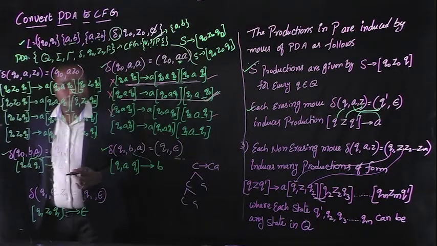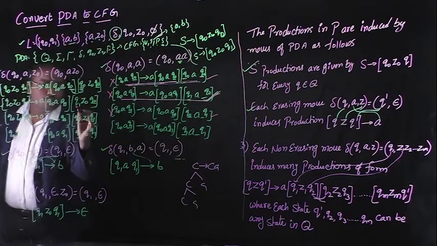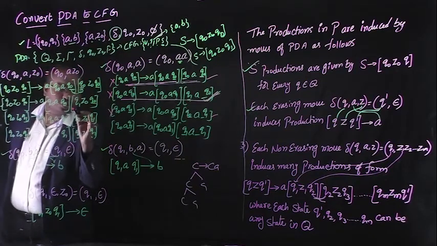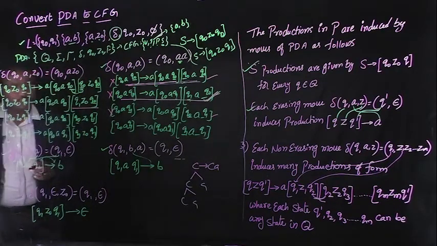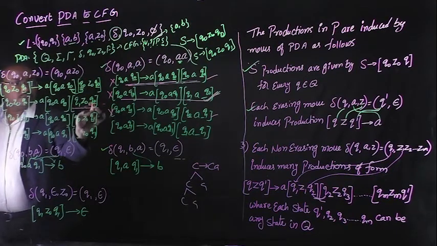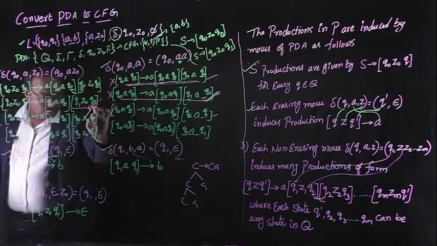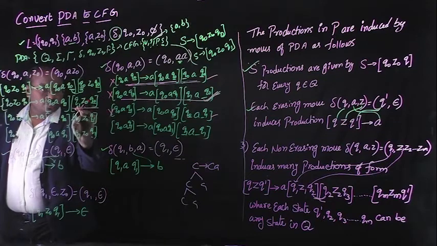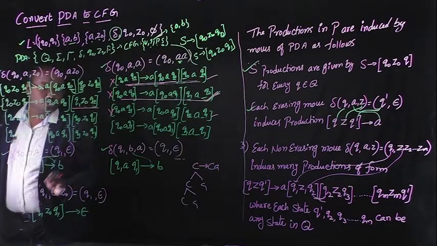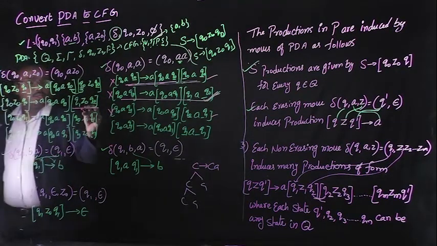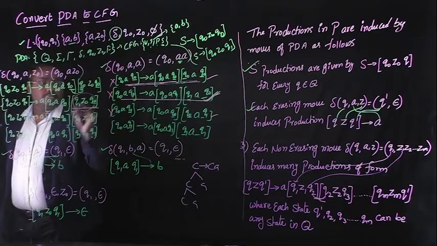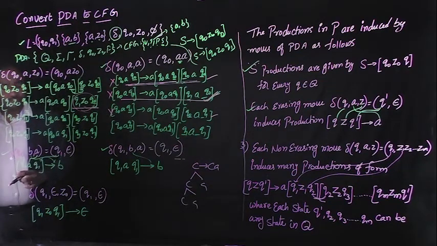And one more production rule: [Q1 Z naught Q naught]. Actually this variable doesn't have any production rules.